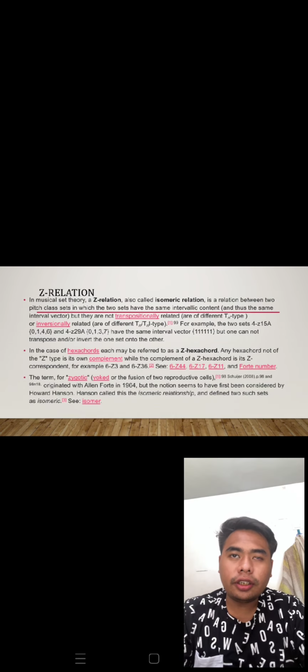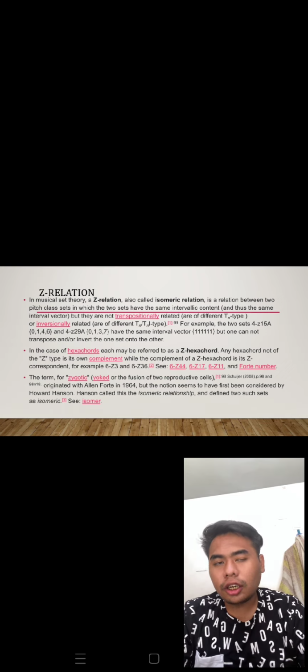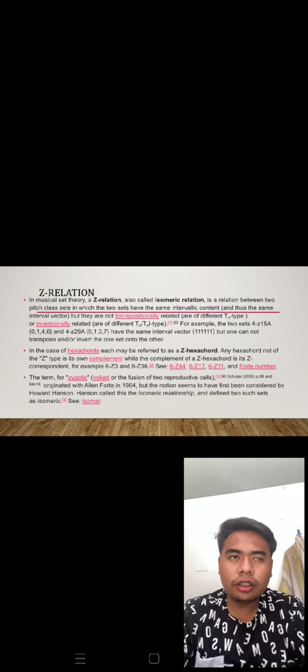Z relation in music set theory. Z relation, also called isomeric relation, is a relation between two pitch class sets in which the two sets have the same intervallic content.